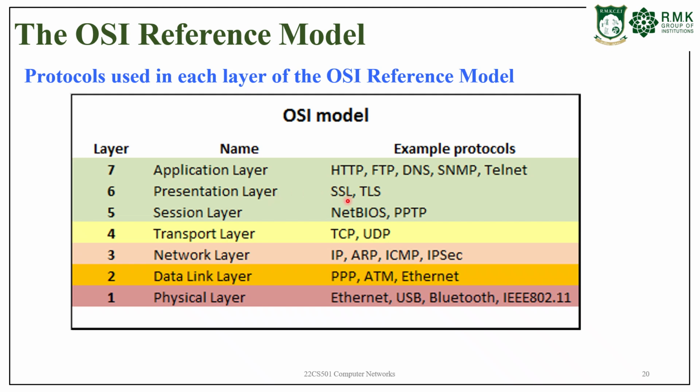In the presentation layer, you have SSL, Secure Sockets Layer, and TLS, Transport Layer Security. In the application layer, you have HTTP, Hypertext Transfer Protocol, FTP, File Transfer Protocol, DNS, Domain Name Service, SNMP, Simple Network Management Protocol, and Telnet, Terminal Network Protocol.